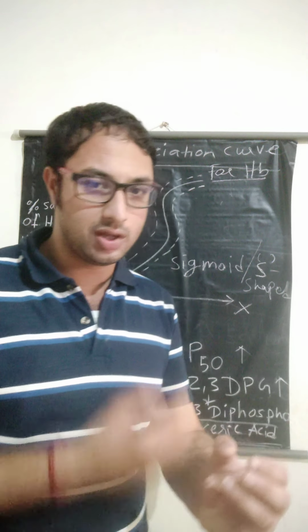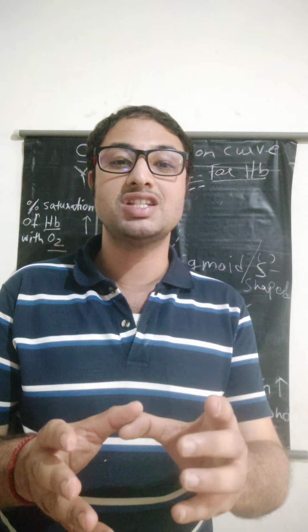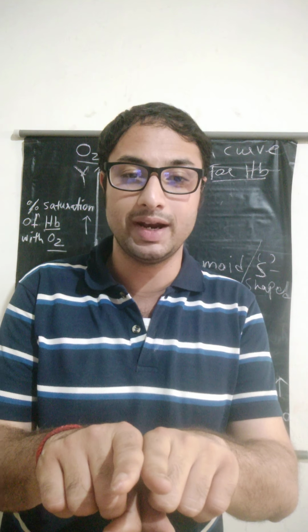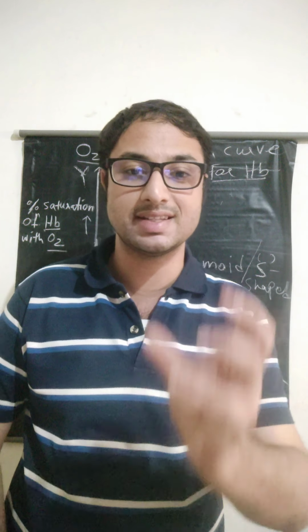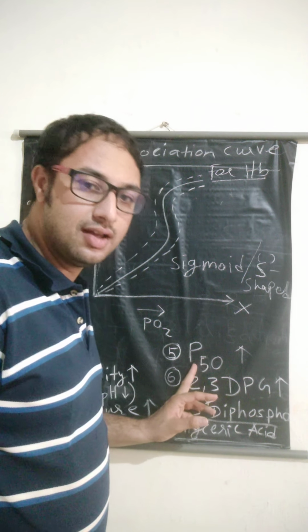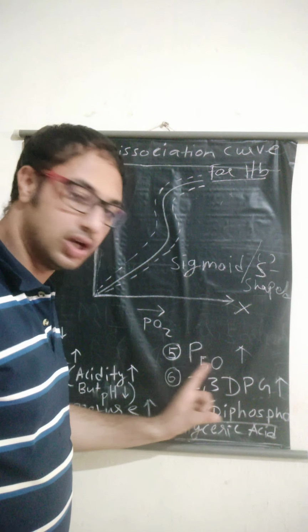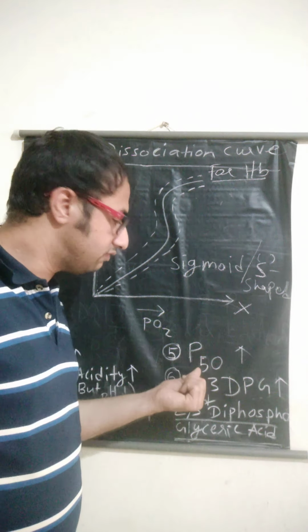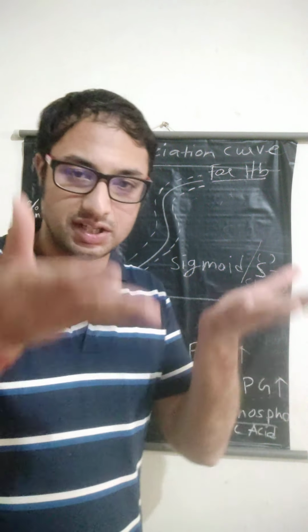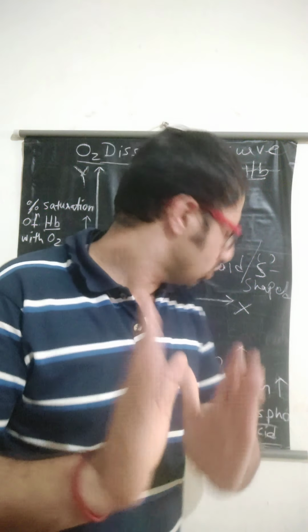Once again, P50 means the partial pressure at which 50% saturation, 50% binding between hemoglobin and oxygen, takes place. Clear? So if the P50 value increases, the oxygen carrying capacity of blood will decrease and more dissociation of oxygen takes place from the hemoglobin.